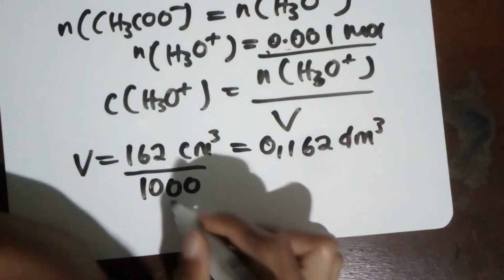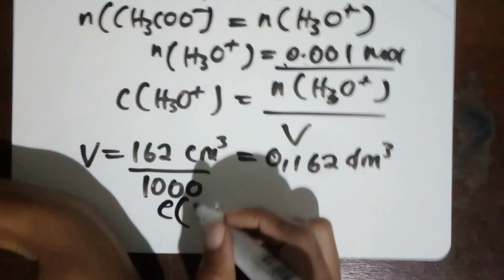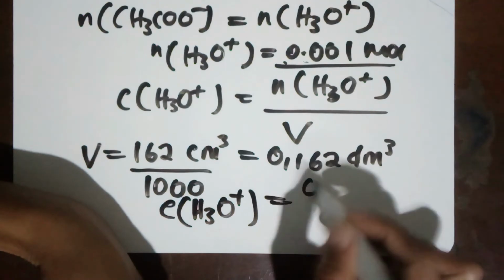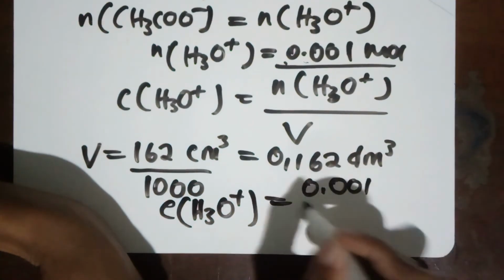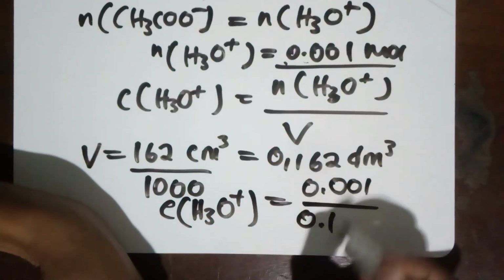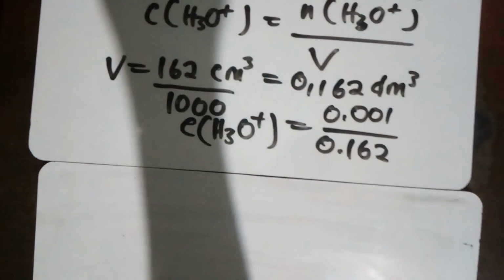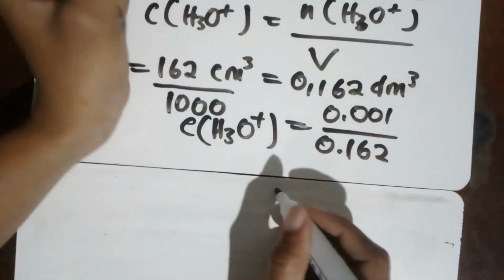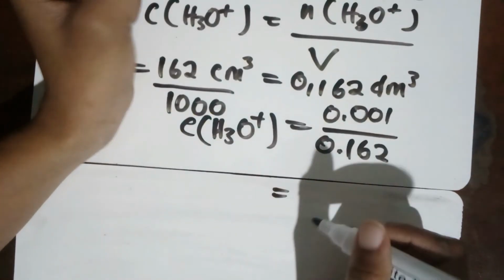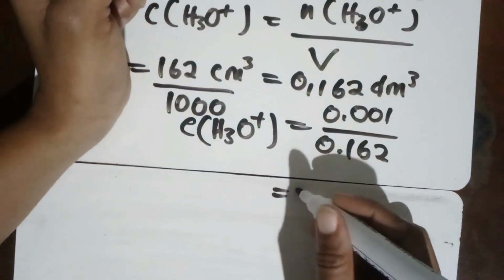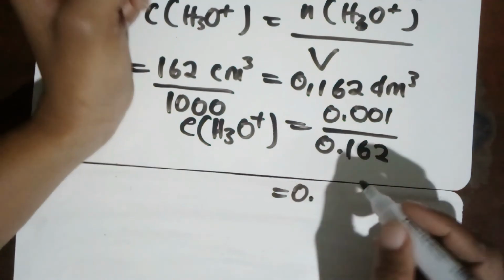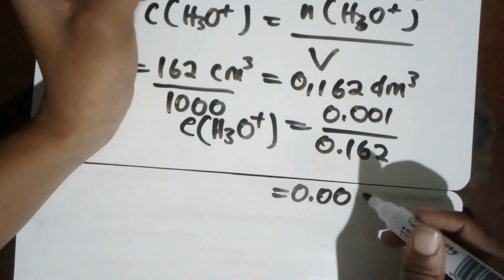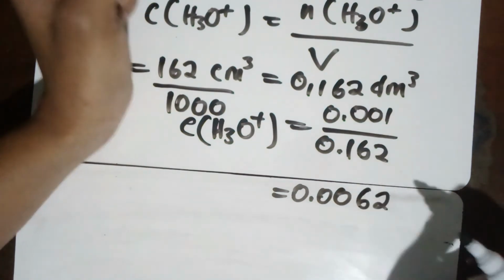This means that to find our concentration, we will simply say H3O plus equals the number of moles, 0.001, all divided by 0.162, right? If you put this in your calculator, you're going to come to a very long number with multiple decimal points. We can just round that off, and we find that value to be 0.0062, right?